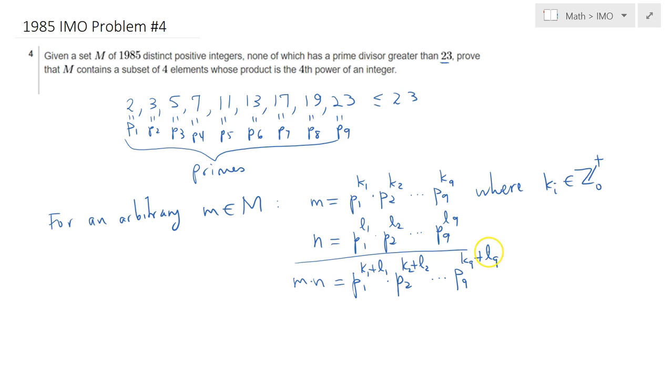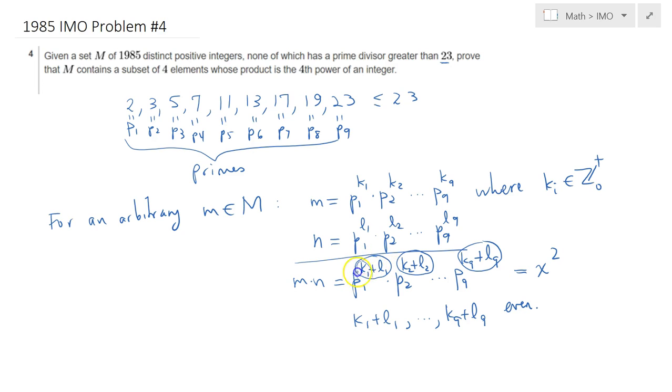Now, for this expression to be a perfect square like x squared, each one of these exponents must be even. What does that mean? k1 plus L1, and all of them up to k9 plus L9, should all be even. So the parity of their powers should agree.